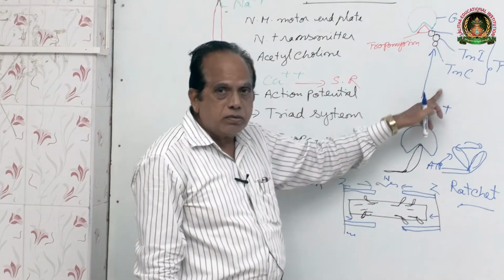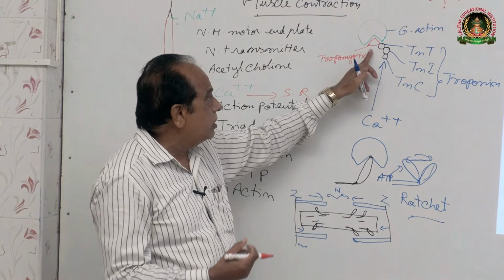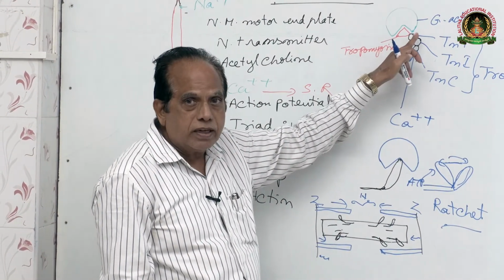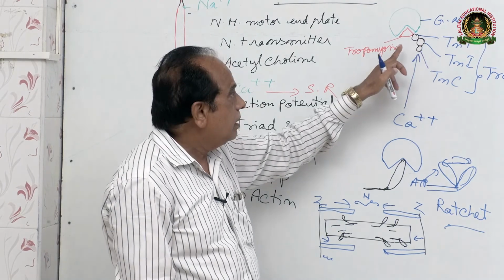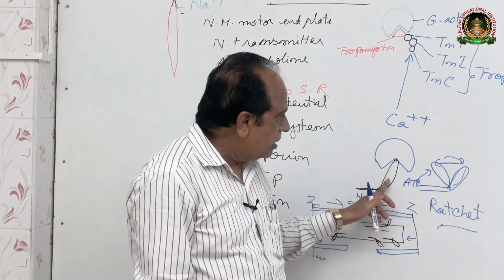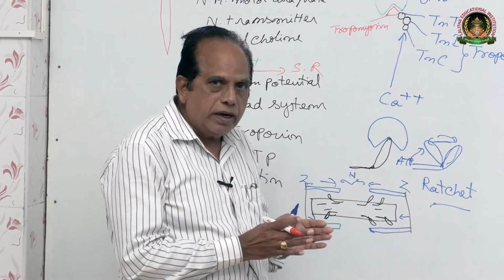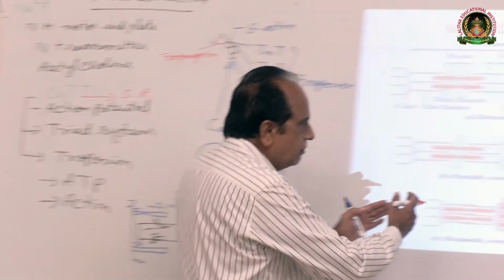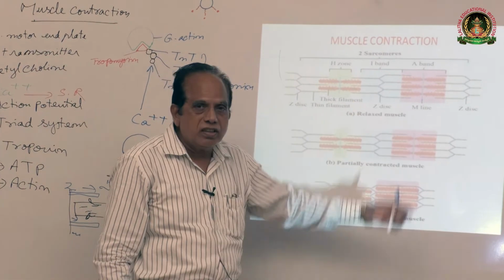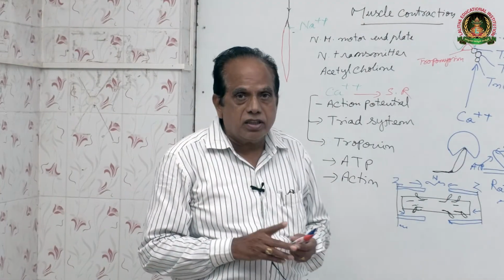When there are no calcium ions, the troponin is not in a position to hold the tropomyosin. Thereby, the myosin binding site of actin will not be exposed, and as a result, the heads of the myosin, or these cross bridges, cannot fit, and thereby the actin filaments move to the original position, and this is the relaxed condition. And that completes the muscle contraction and relaxation.